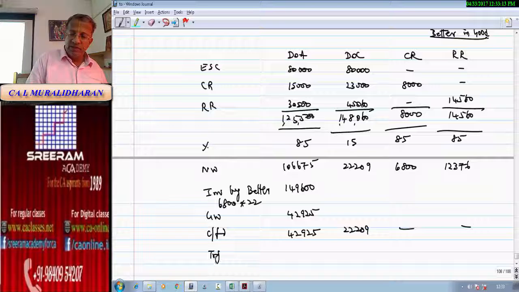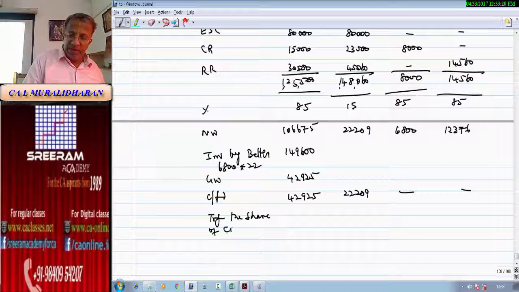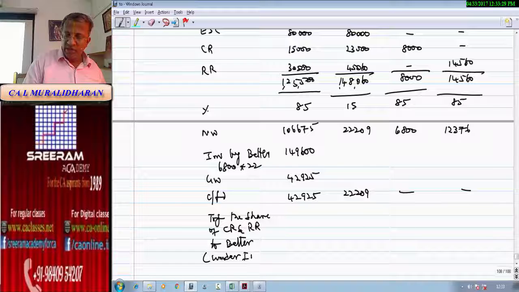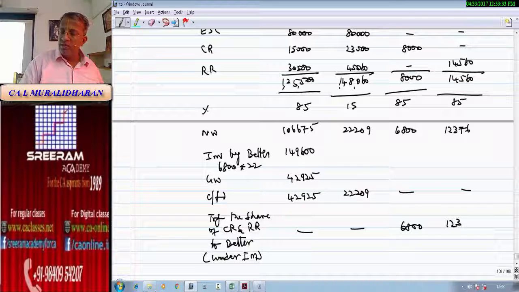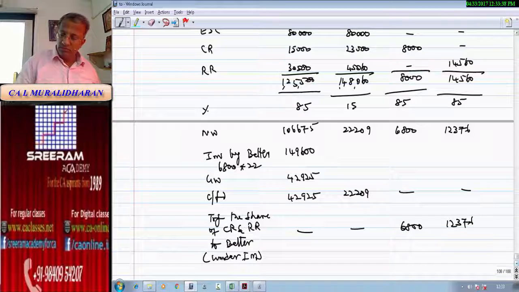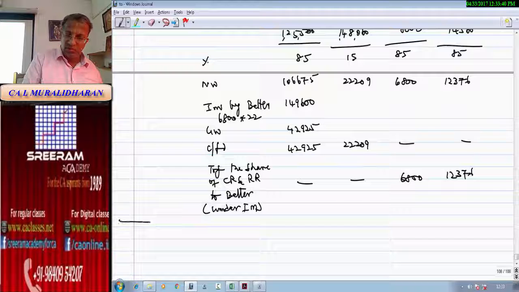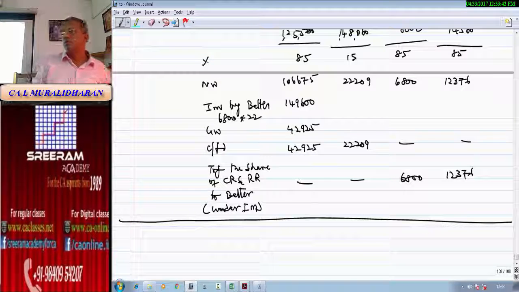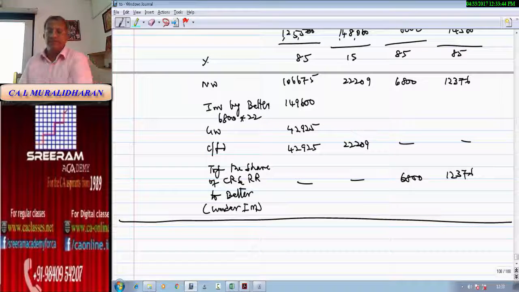Then transfer the share of capital reserve and revenue reserve to Better under the indirect method: 6,800 and 12,376. Is it okay?